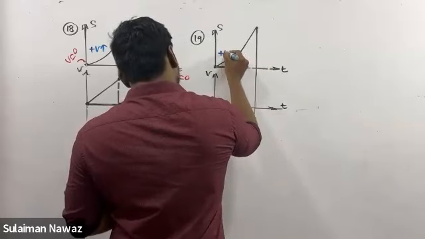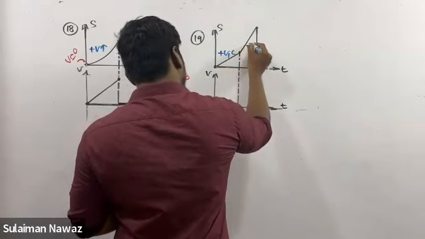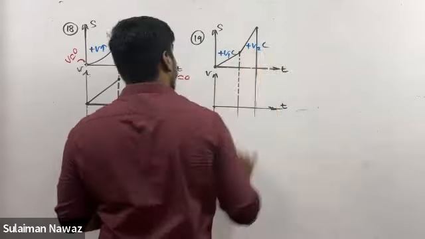Acute angle constant means positive velocity, I say V1 constant, positive velocity, I say V2 constant.